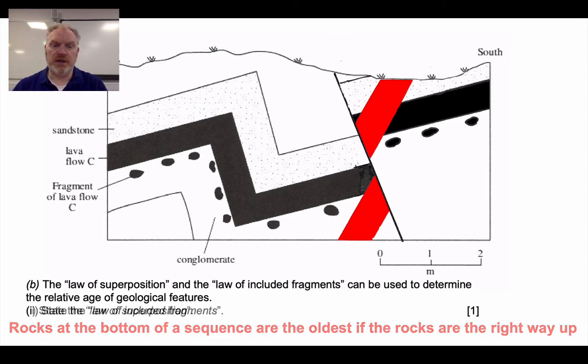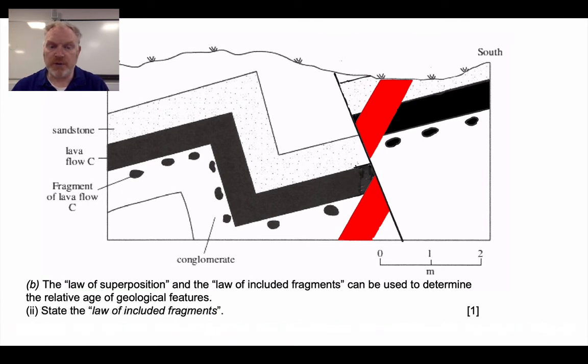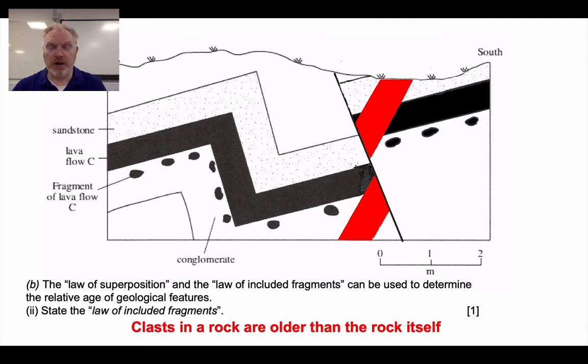I also ask you then to state the law of included fragments. Now, the law of included fragments simply states that clasts in a rock are older than the rock itself. So the clasts are always from a pre-existing rock than the sediment that they're found in, which again makes logical sense. The clasts had to exist to be eroded before they could be deposited into another sediment.